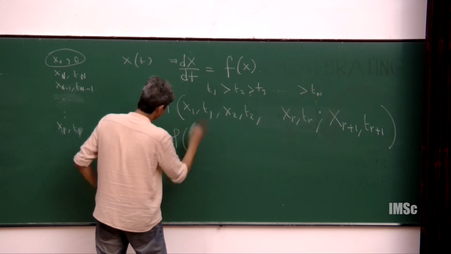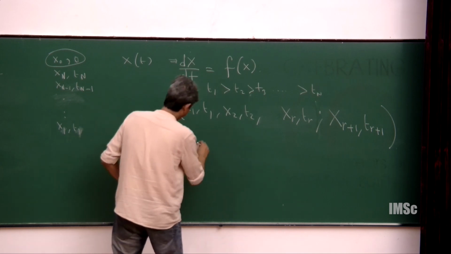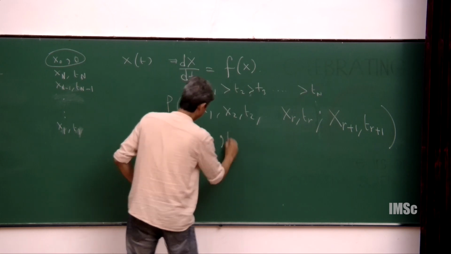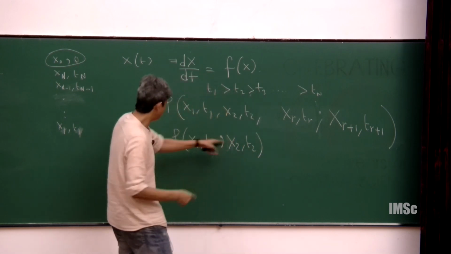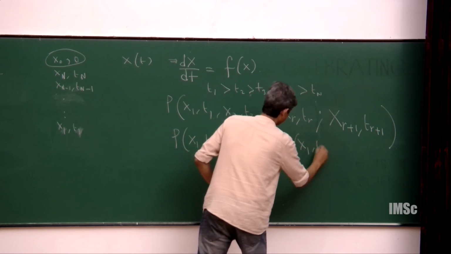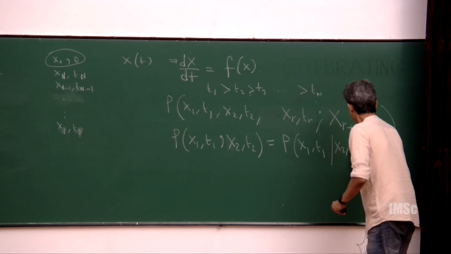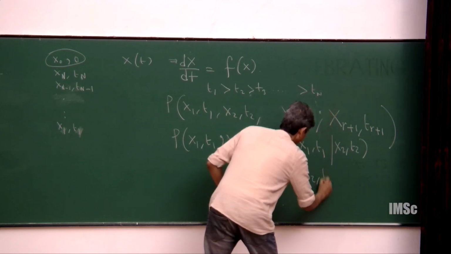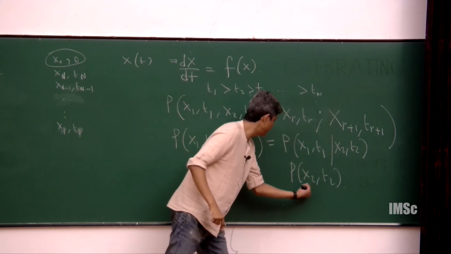That if you want to know some probability at some time t1, so this you can write down as the probability of x1 at t1, conditional on x2 at t2, times the probability of having this position x2 at time t2.